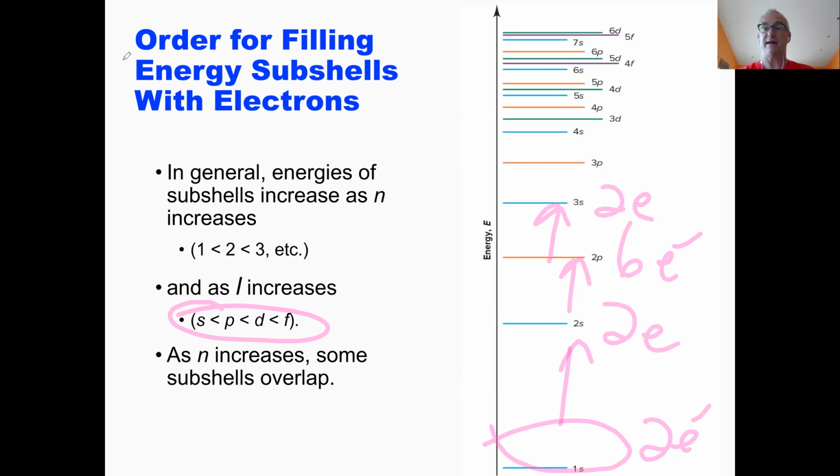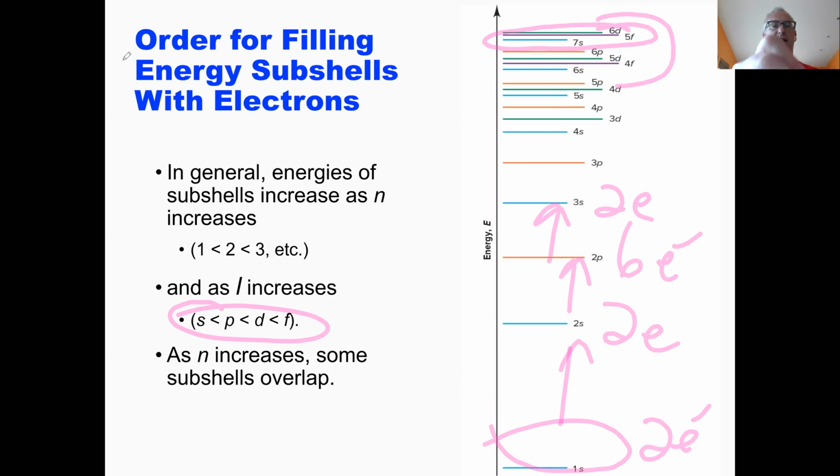So notice as we get really high up, like these much bigger atoms with lots and lots of electrons, one, the differences in energy are really, really small. And two, sometimes a higher level will get filled before a lower one.